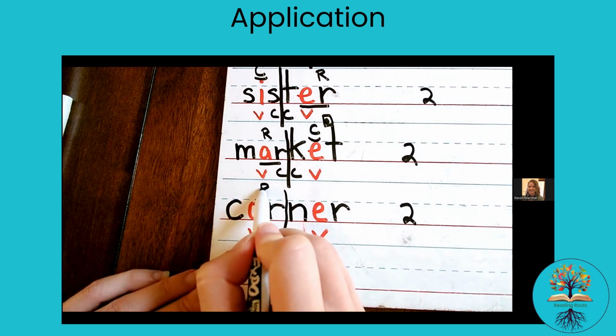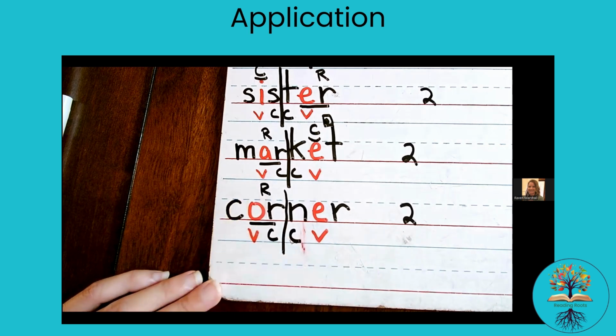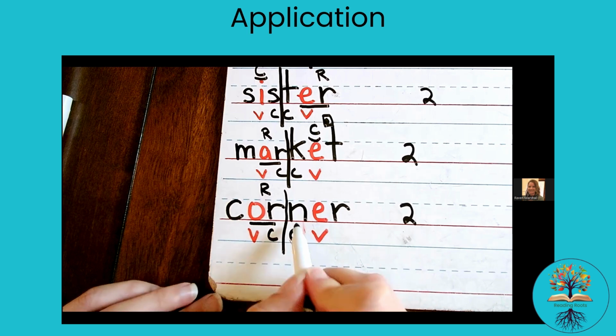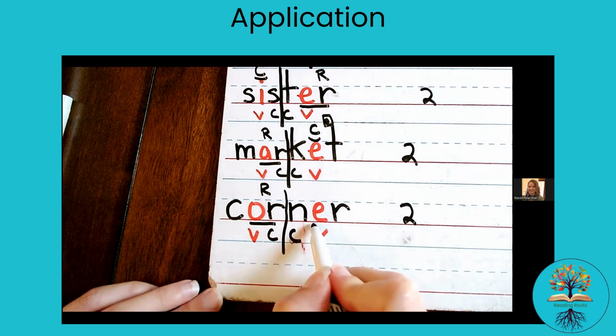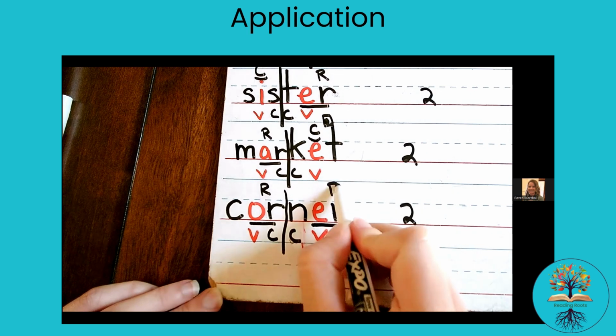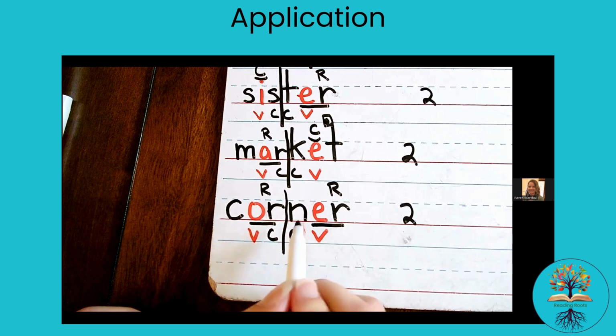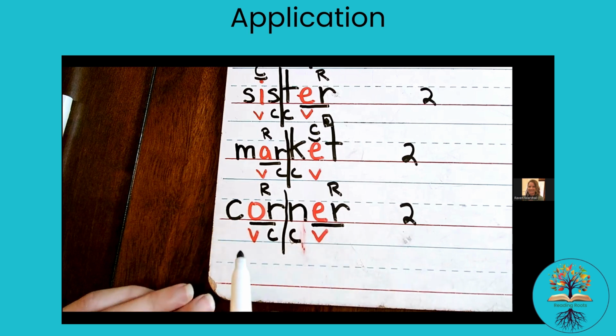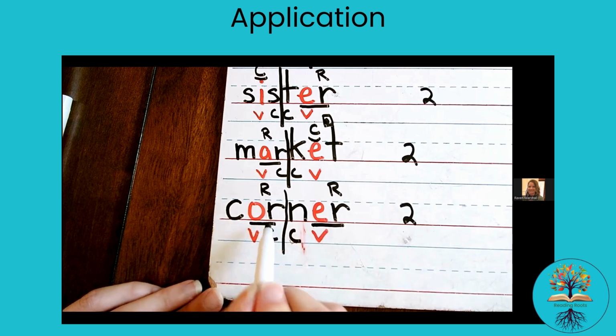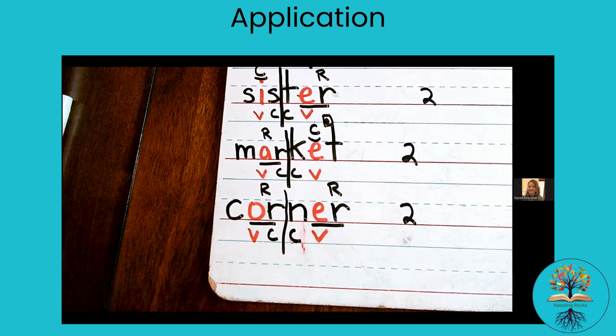It's an R-controlled syllable because I have OR. Let's look at the second syllable. It's an R-controlled syllable also because it has ER. Let's blend each syllable and then squish it all together. Corner. And there you have it.